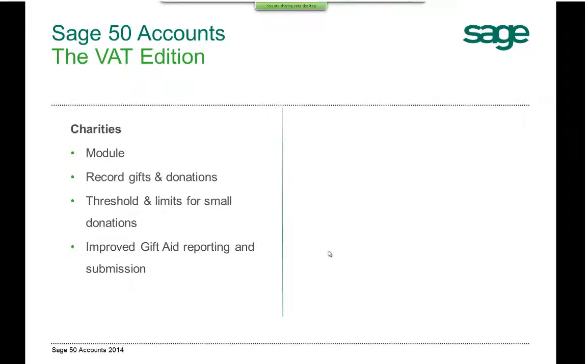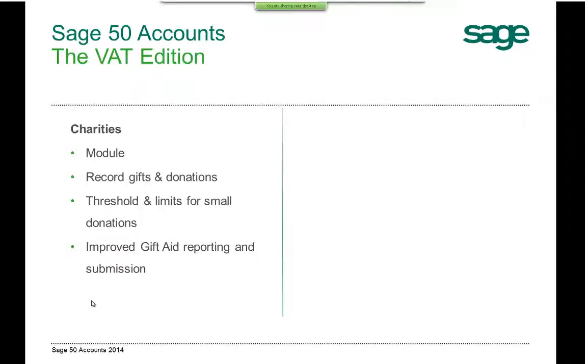So charities is a module. It's not any additional charge. It comes as standard. You just have to select when you set up your company that you set it up as a charity rather than a standard business. You can record gifts and donations through the software. You can set thresholds and limits for the small donations.